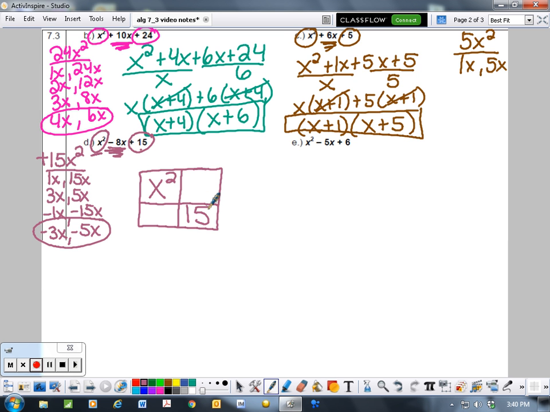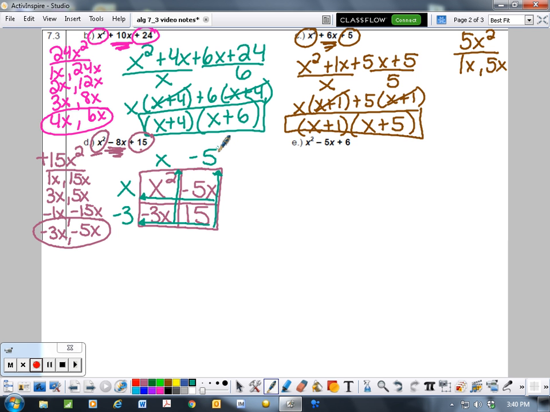And then my other two are going to go in the other diagonal. So negative 3x and a negative 5x. And now I'm going to go ahead and factor out the greatest common factor. So what's common here? X. What's common here? Negative 3. Okay, what's common here? X. What's common here? Negative 5.